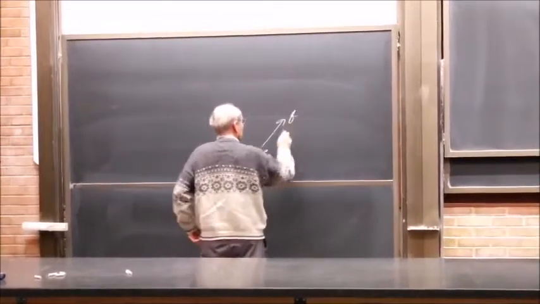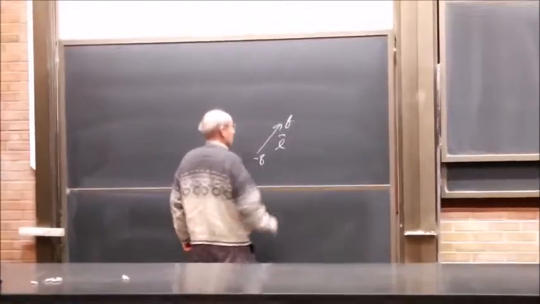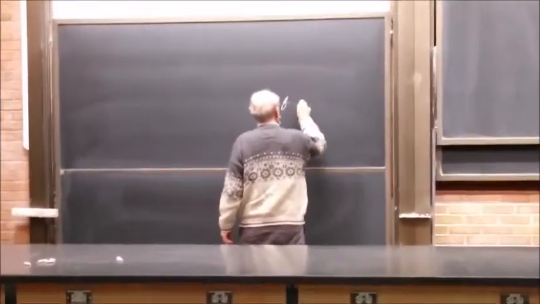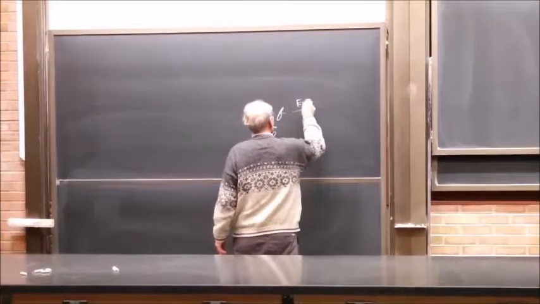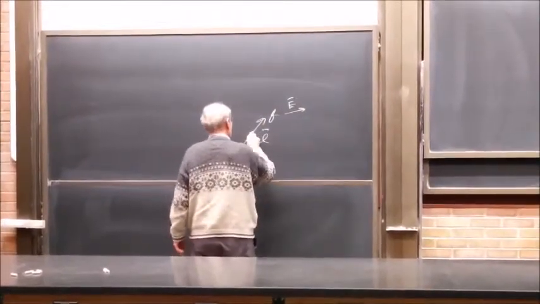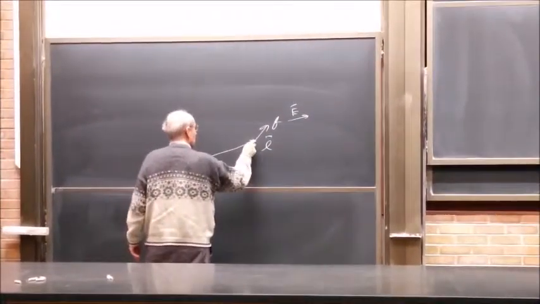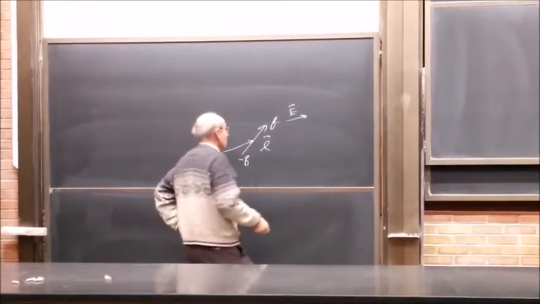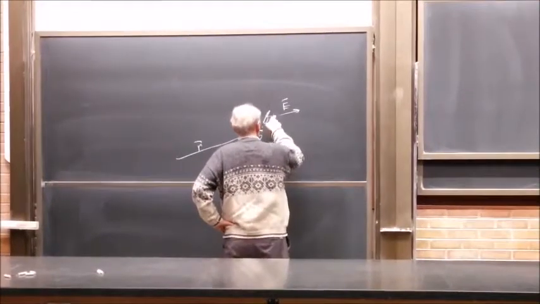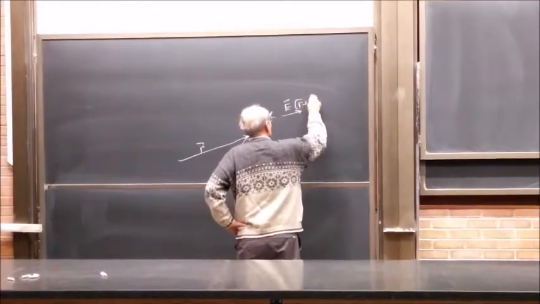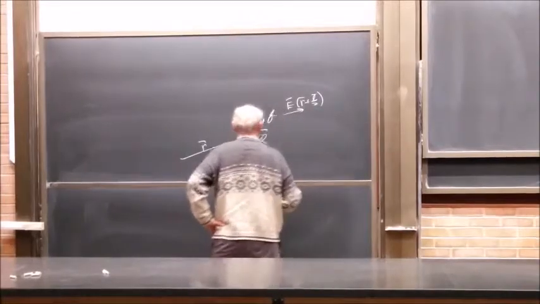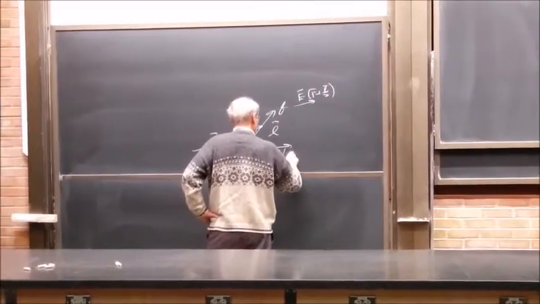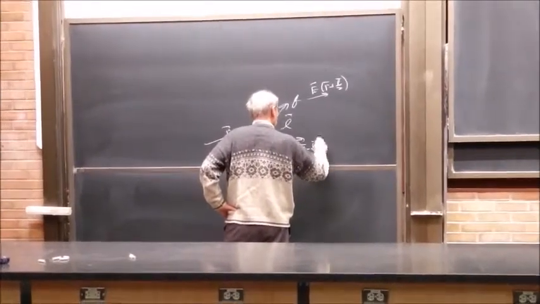So our dipole consisted of two charges separated by a distance L, and you had an electric field E. If this is the position R relative to our origin, then the electric field at this point was E evaluated at R plus L over 2, and the electric field at this point was E evaluated at R minus L over 2.